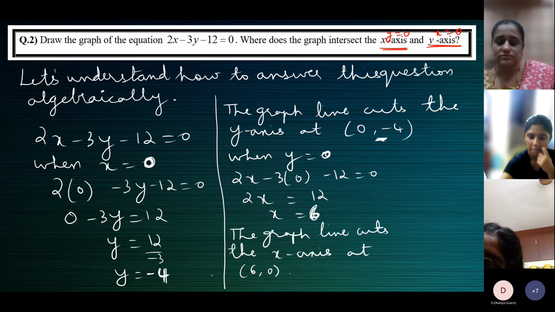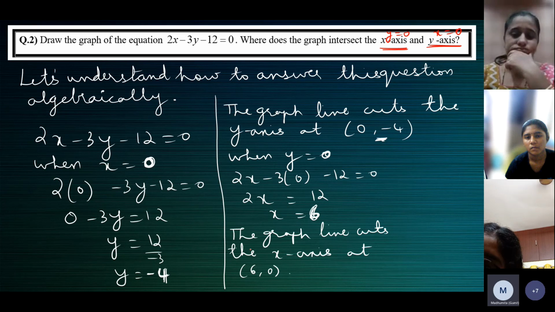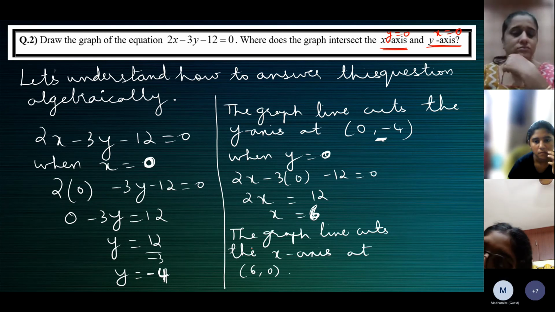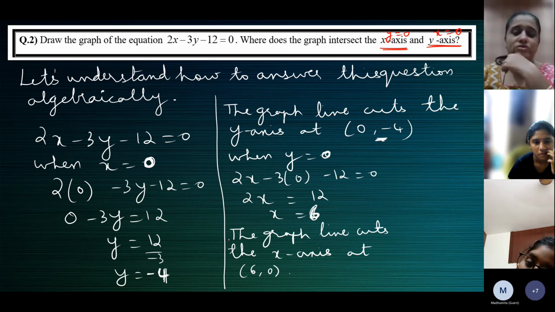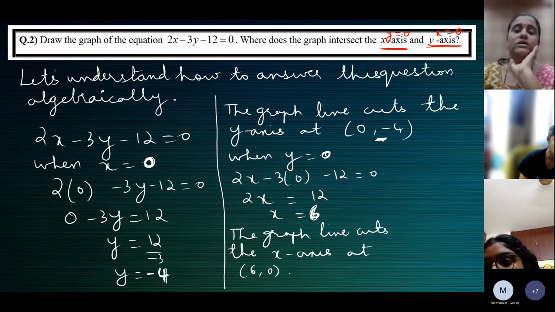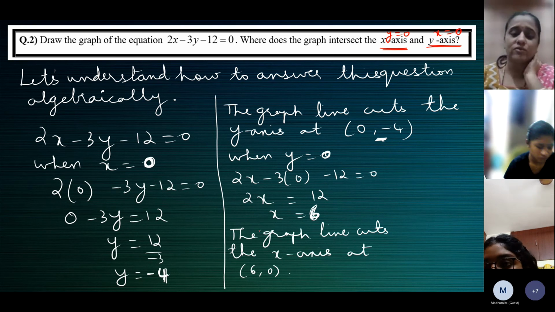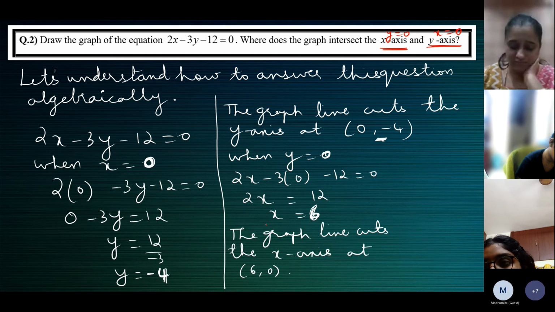Yes? Ma'am, we found y's value as -4. So when we do the next equation, aren't we supposed to substitute y with -4? When you substitute y as -4, you will get x as 0. Work it now, just do it in your book. When you take y as -4, you will get x as 0 again.